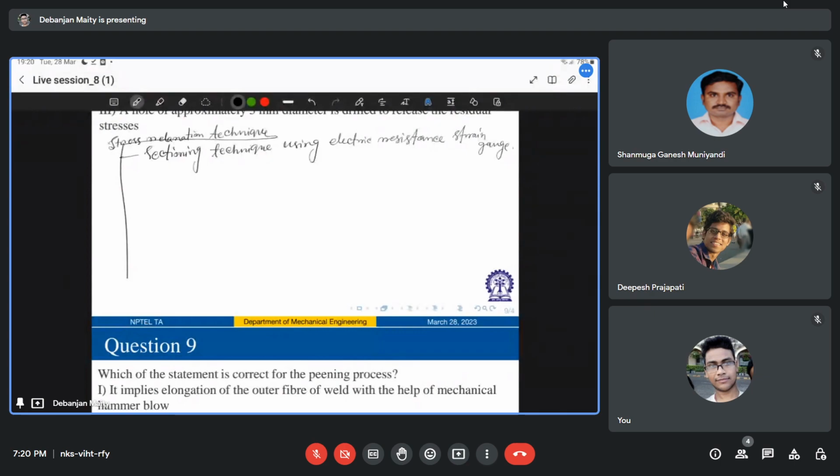By keeping this extracted piece small enough, no residual stress can be sustained. So the strain measured by the gauges placed on the removed piece can be used to calculate the elastic strain. And whatever gauges you use, they are generally mounted 120 degrees apart to facilitate this calculation using the relation.